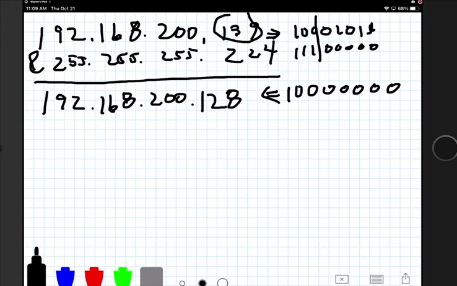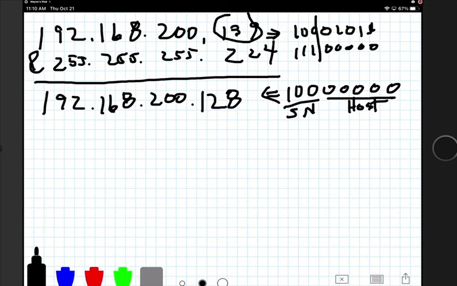So another way, instead of doing the bitwise AND, that may be a little easier to remember and a little easier to do the quote math, is the network number is the IP address with all the host bits set to 0. So here we have our subnet that this is on, and then here we have all the host bits set to 0.